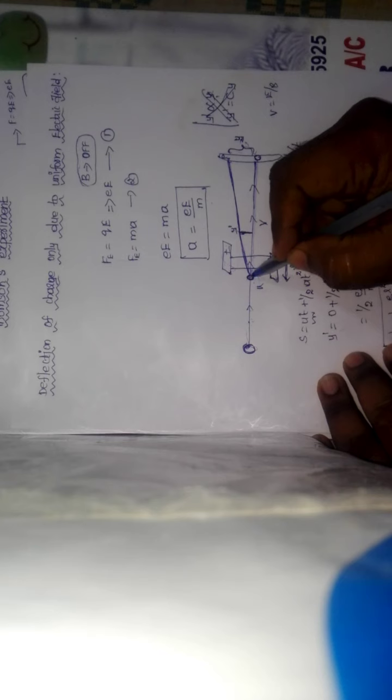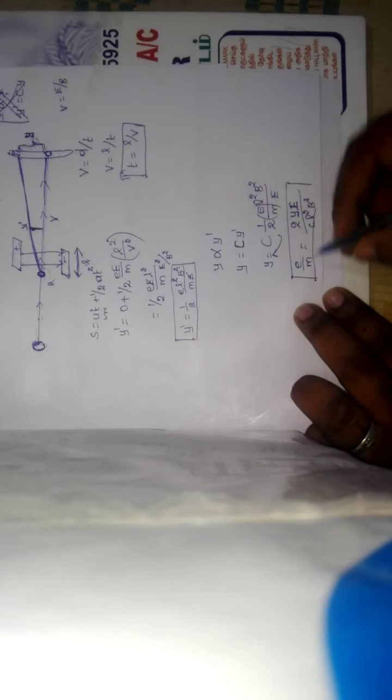When this electron comes near the deflecting plate, without the electric field it goes in a straight line, but in the presence of the electric field it deviates. This deviation is taken as y dash. This is the total deviation from the original position to the deviated position, taken as Y.